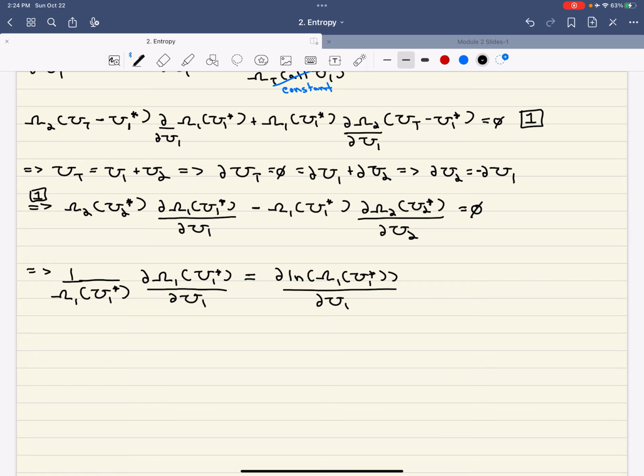And we know that this natural log of omega, based on the definition of entropy, is just this. Okay? We could do a similar thing with omega 2.